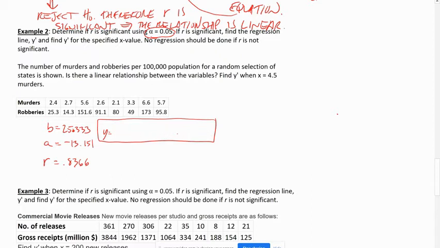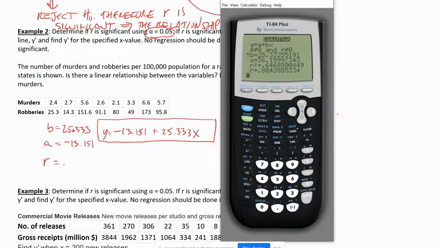And then our regression equation would be negative 13.151 plus 25.333x. And our R is 0.804.